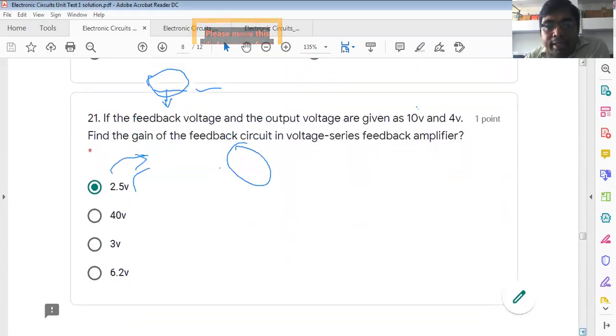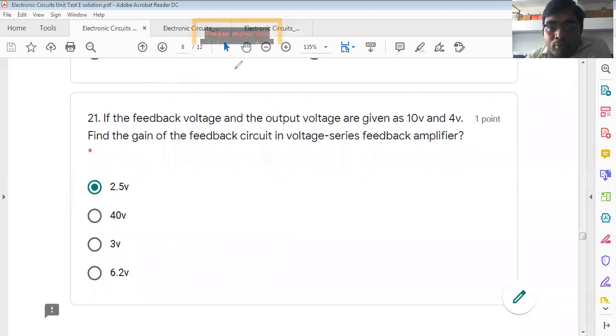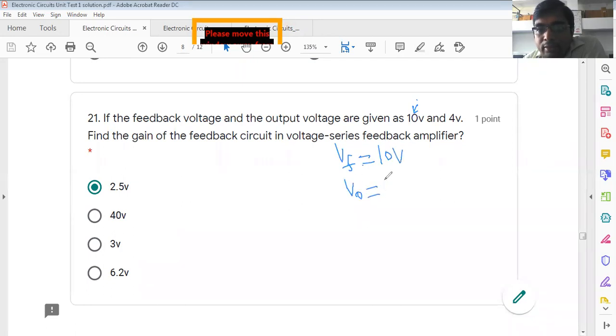If the feedback voltage and output voltage are given as 10 volt and 4 volt respectively, the feedback voltage is given as Vf, which is 10 volt, and V naught is 4 volt. You have to find the gain of the feedback circuit, not AVF.